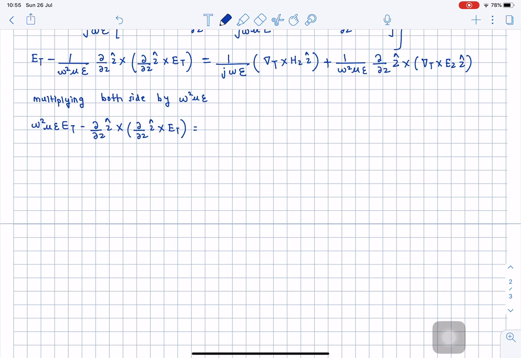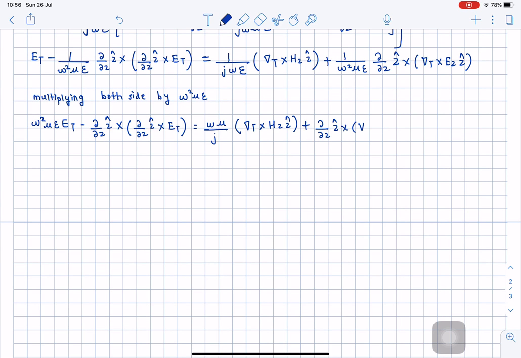On the right hand side, when you multiply by omega square mu epsilon, I will get omega mu by j del of t cross Hz z cap, plus del by del z of z cap cross del of t Ez z cap.